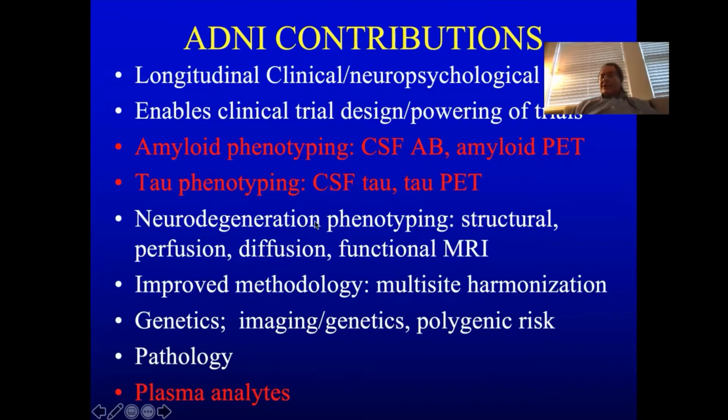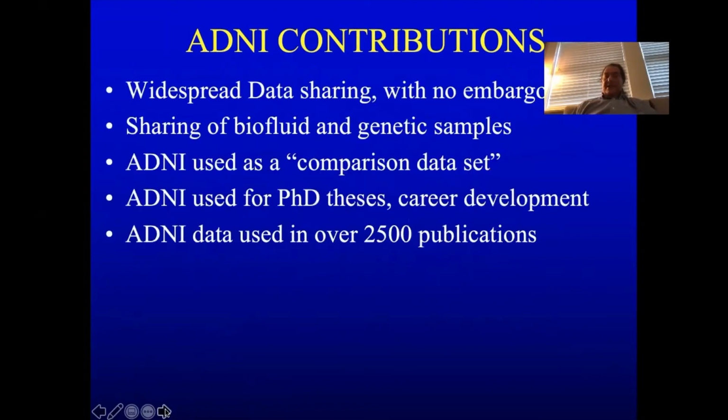We provide neurodegeneration phenotyping: structural, perfusion, diffusion, and functional MRI. We have helped improve the methodology and develop ways to do multi-site harmonization, which is very important for clinical trials. Our genetics data has provided imaging genetics correlations and polygenic risk scores, which I didn't mention. We do pathology, and we have lots of plasma analyses.